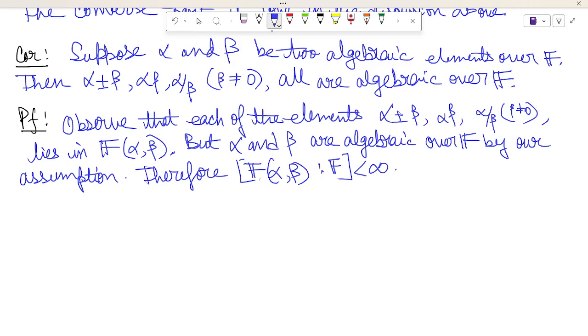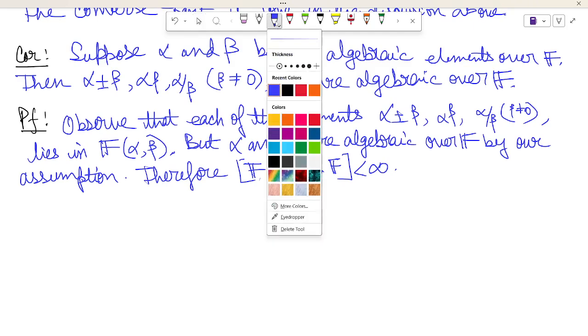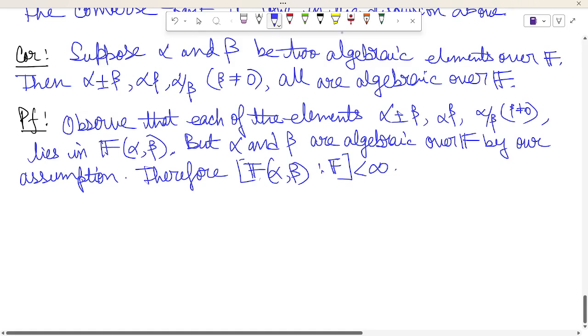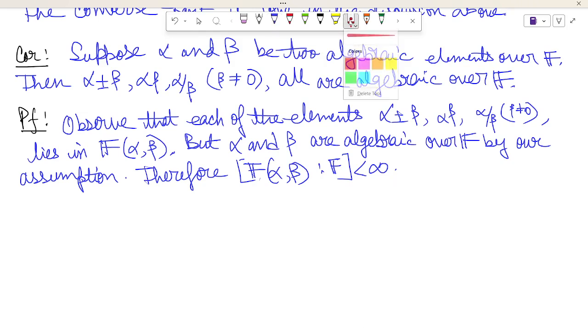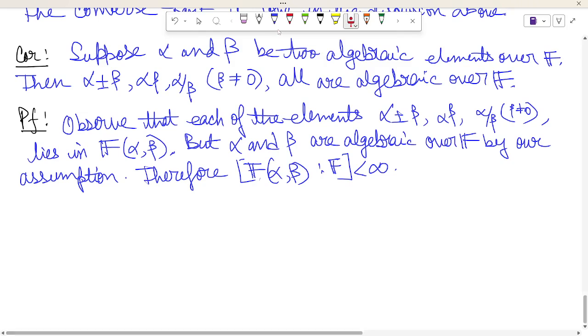So we are done. So this is finite. For more clarification, I can add one thing. This finite extension, and finite extensions are algebraic. So it's algebraic.